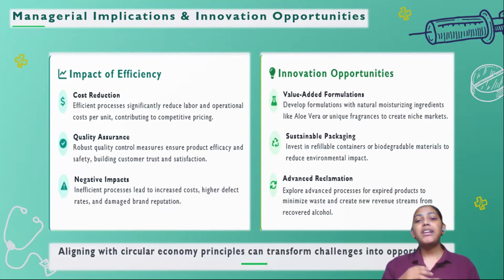Value-added formulations like adding aloe vera, vitamin E, or different fragrances create a niche market so that the quality as well as the brand satisfaction is also increasing. Sustainable packaging. Investing in refillable containers or biodegradable containers helps in sustaining the environment. Advanced reclamation. Explore advanced processes for expired products to minimize waste and create new revenue streams.